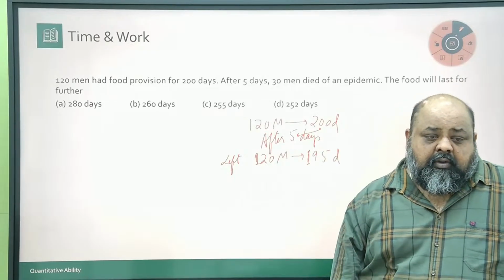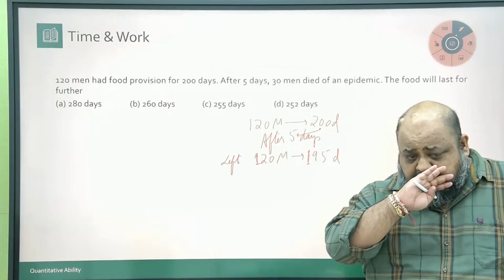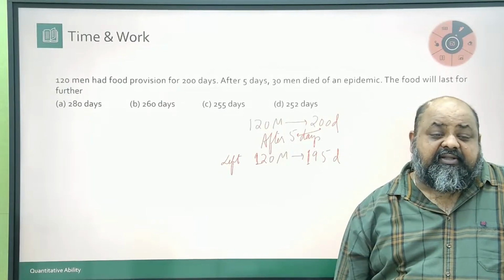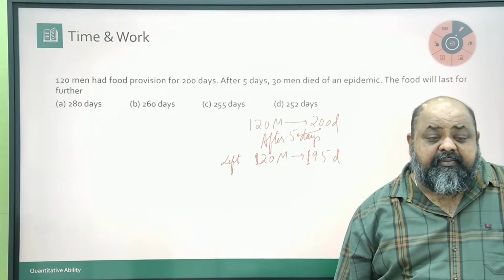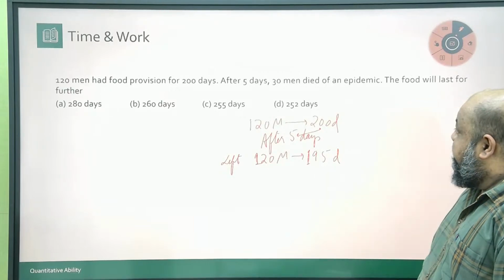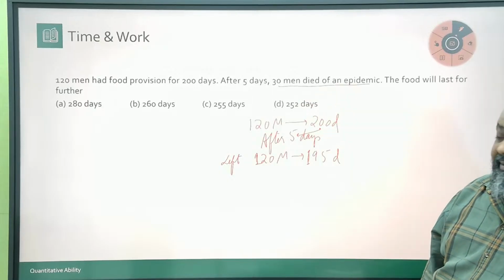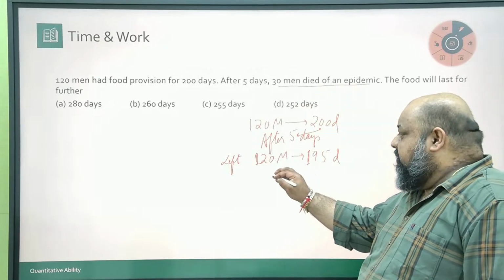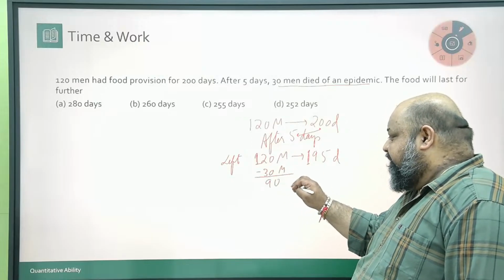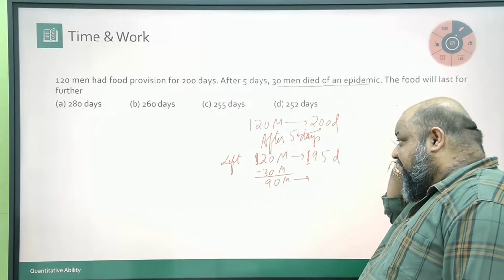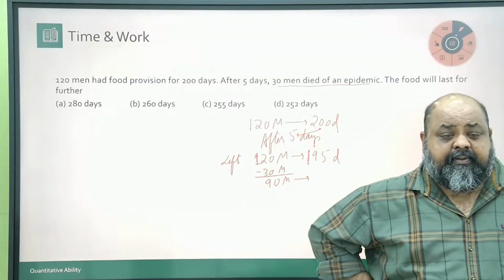But this is not the case. Instead of 120 men, we have a fewer number of men because some soldiers passed away. 30 men died in an epidemic. So now the number of men left is just 90. How many days will they consume the food is to be calculated.